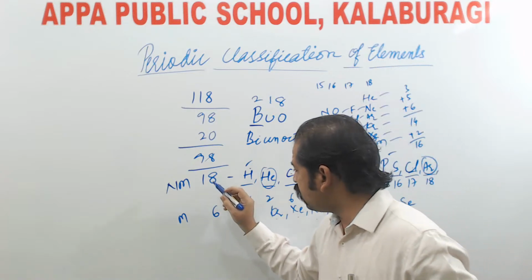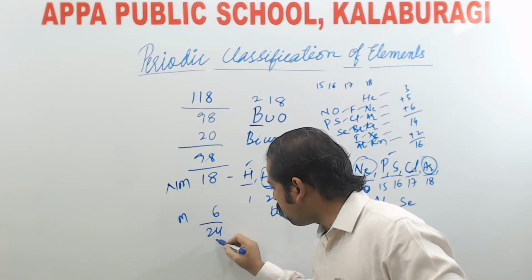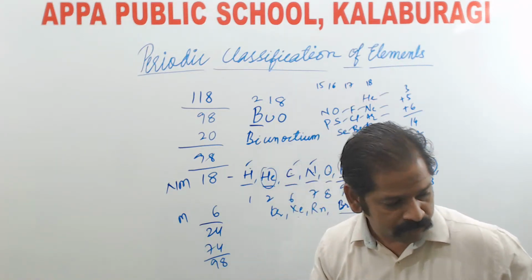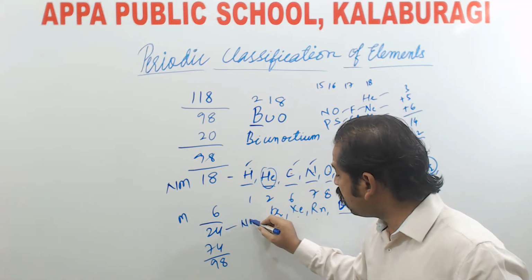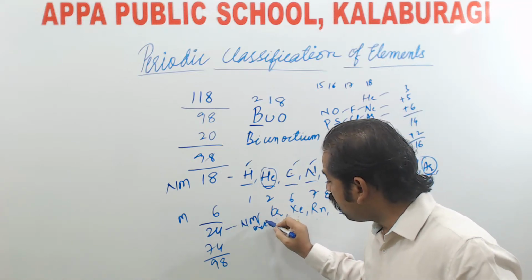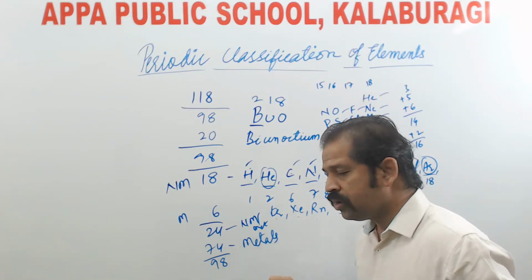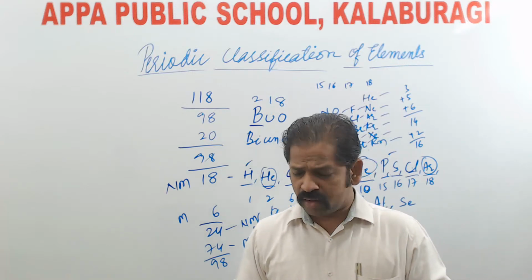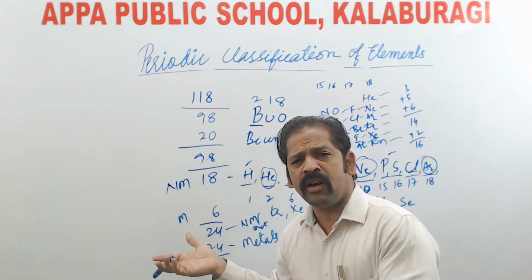How many are remaining? 18 plus 6 is 24, plus 74 is 98. So thus 24 are non-metals and metalloids and 74 are metals. Very easy: if you identify non-metals, all the remaining are metals only.